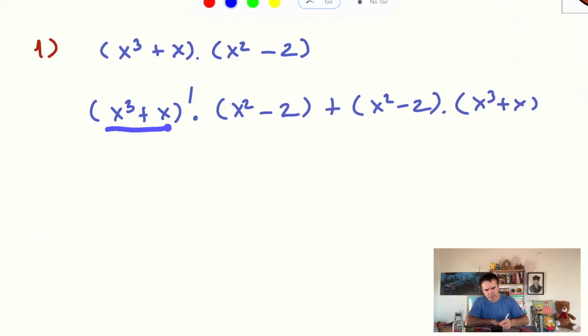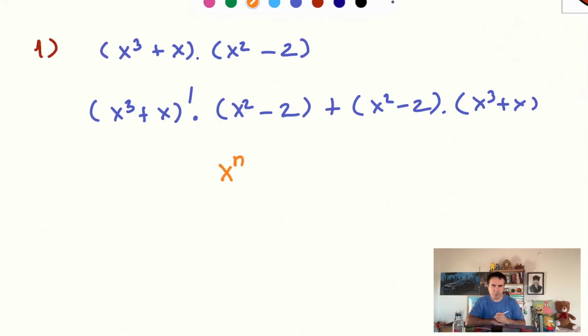Now, here we have a polynomial function, and while differentiating a polynomial function, we differentiate all terms one by one, and each term here is a power function. Remember the derivative of a power function.